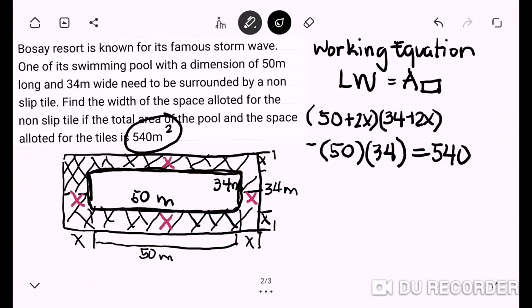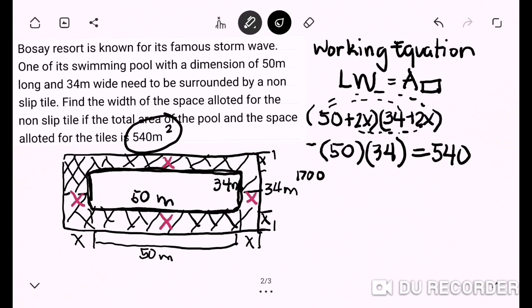So, 50 plus 2x times 34 plus 2x, this one can be solved by distributing 50 to 34 plus 2x. Ito, pwede nating i-distribute doon. And 2x, multiply natin sa 34 and sa 2x. So, doing that, it will result to 1,700.